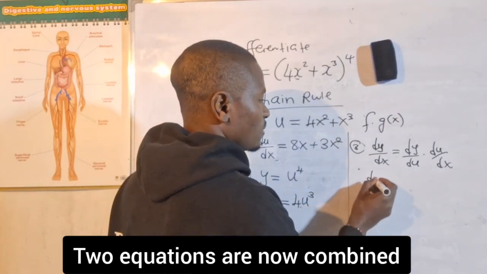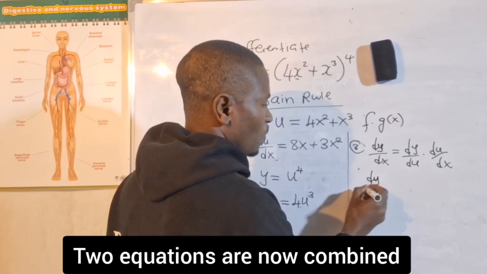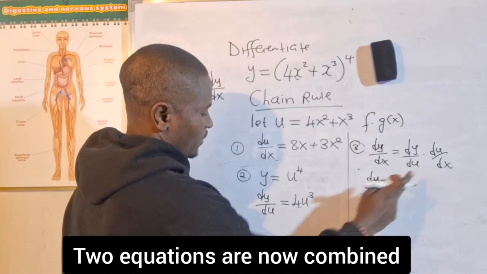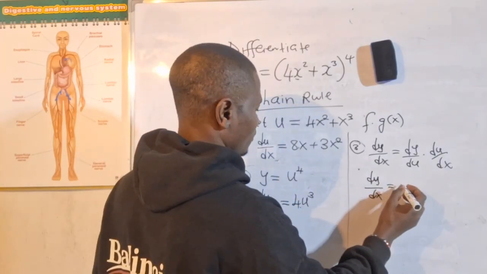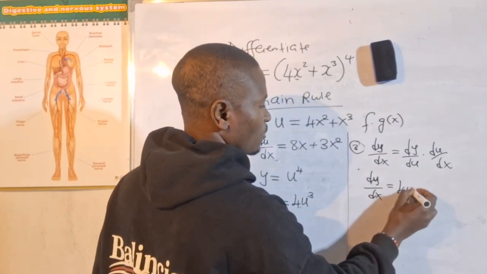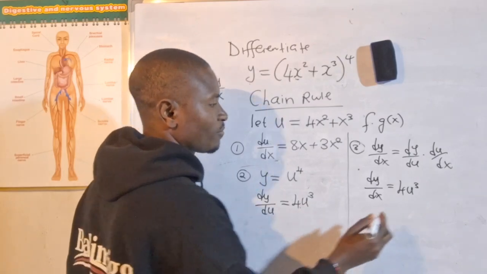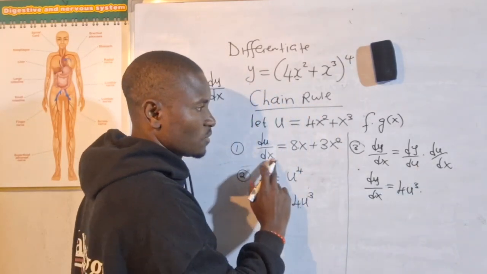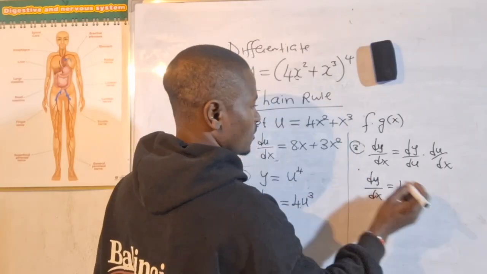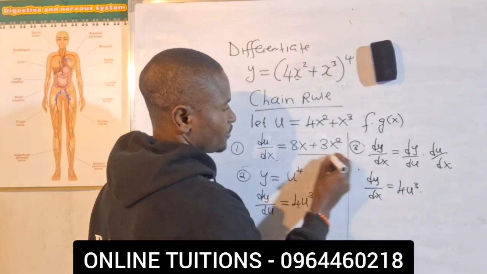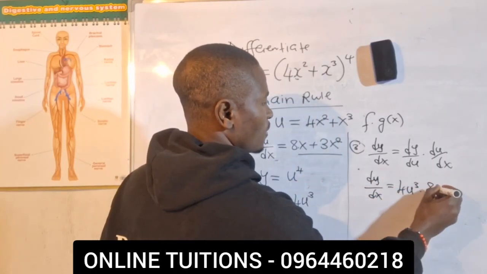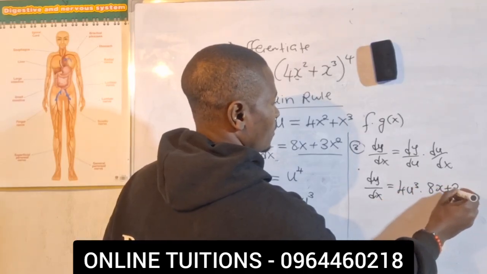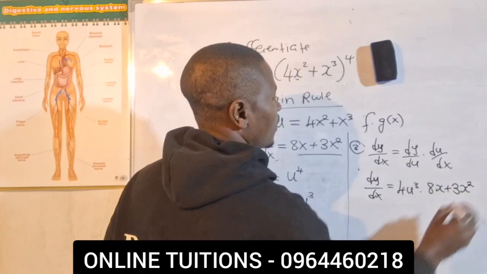So now dy over dx equals to, so dy du is this one, 4u to the power 3, this one, dot or multiply, and then du dx is just this one, which is just 8x plus 3x to the power 2.